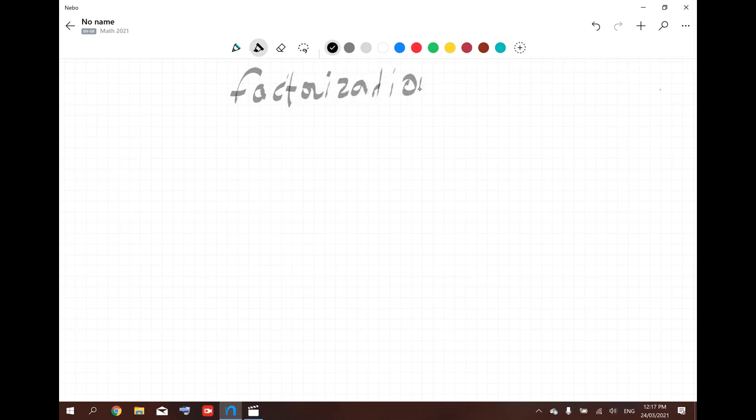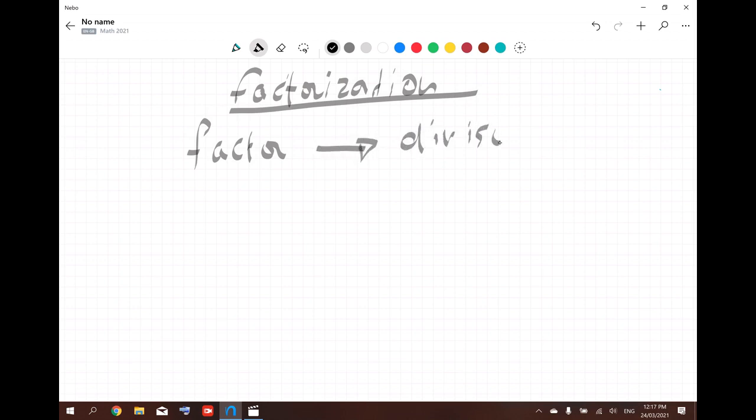And when we talk about factorization, it is initiated from the word factor, and another term for the word factor is a divisor. So simple mathematics, if 8 can be expressed as 2 times 4, because we all know that 2 times 4 is 8, we can simply say that 8 is divisible by 2 to get a 4, and 8 is divisible by 4 to get a 2.